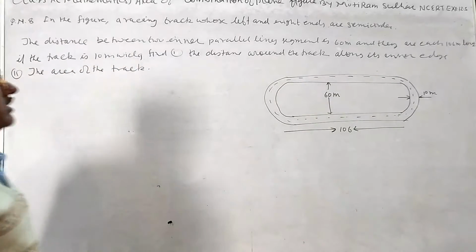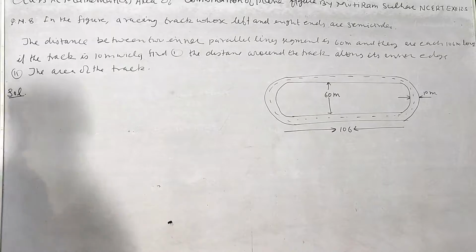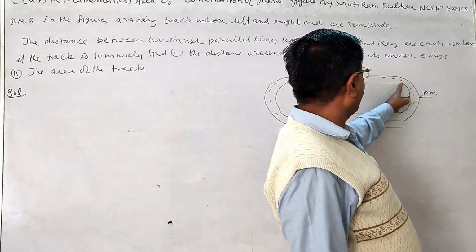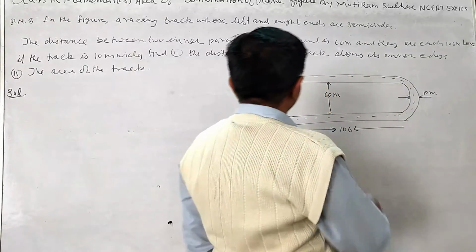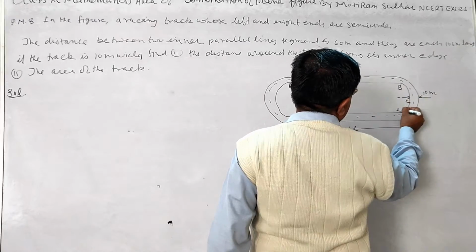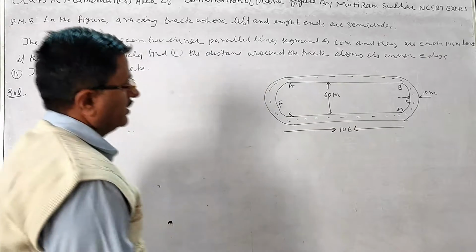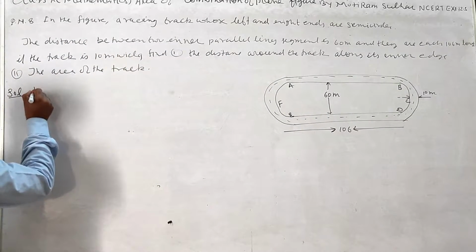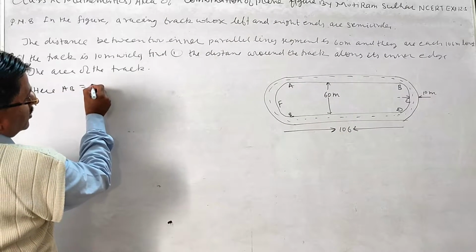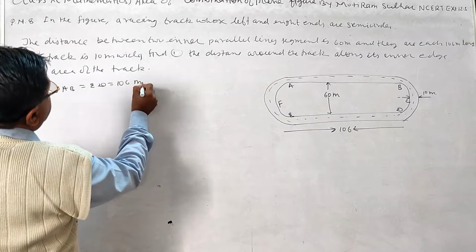These dimensions are given. So we have to find the distance around the track along the inner edge. So you have to find this distance: A, B, C, D, E, F. Clear? So solution, see here: AB equal to DE equal to 106 meter.